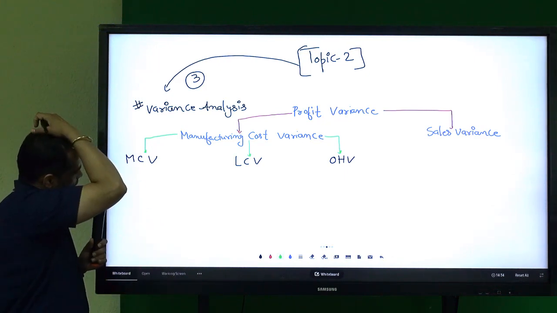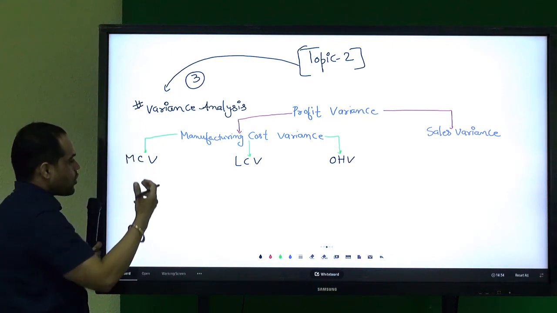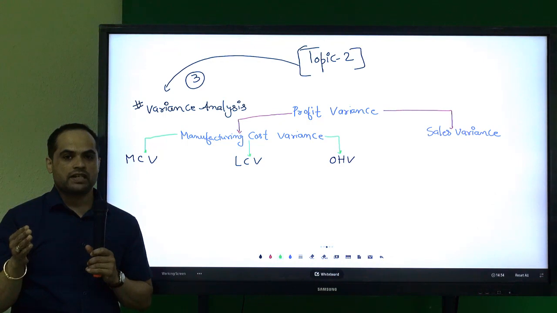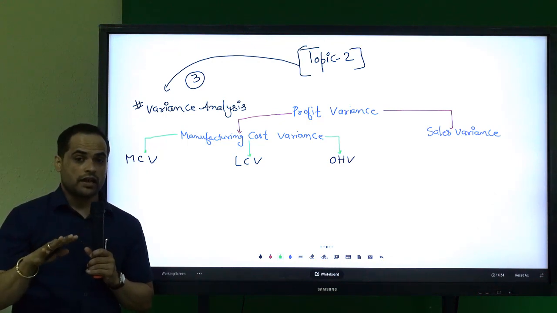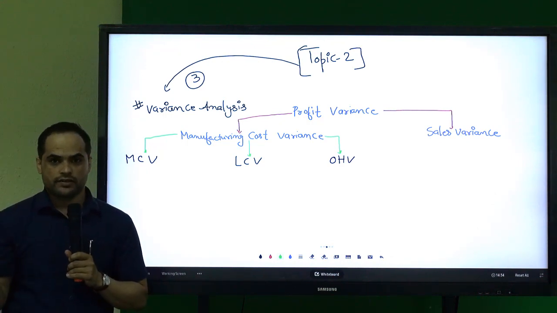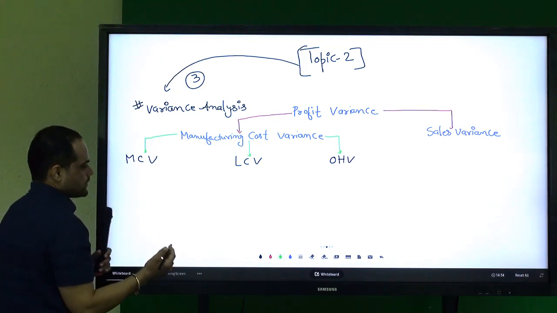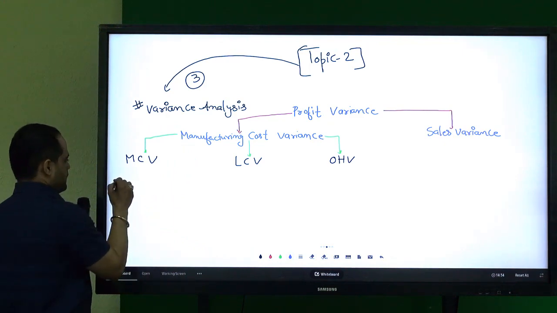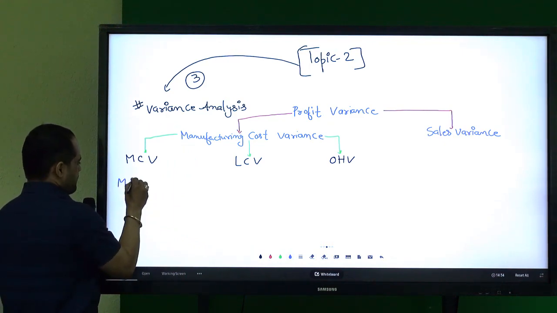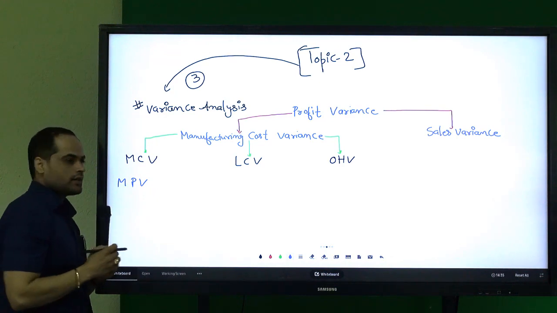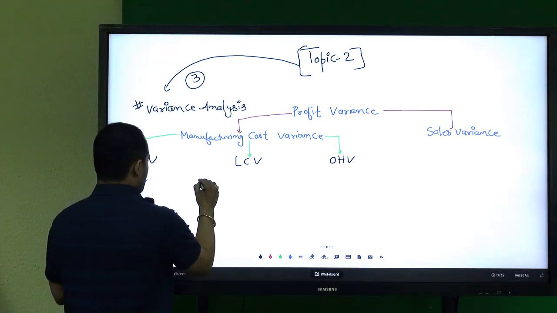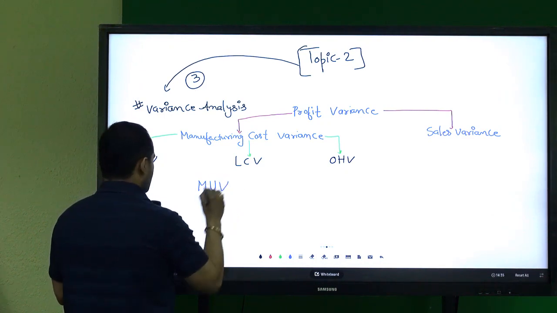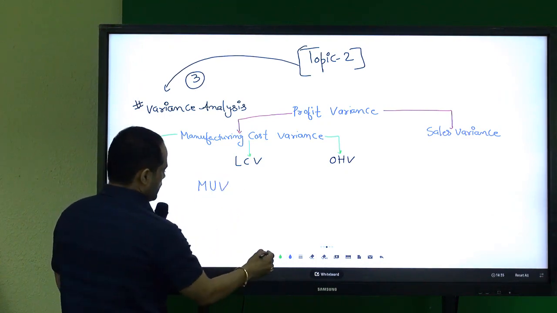Material cost variance is a combination of two different variances: material price variance and material usage variance, right?